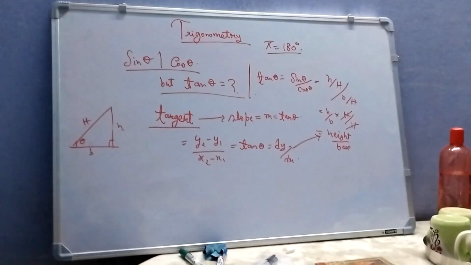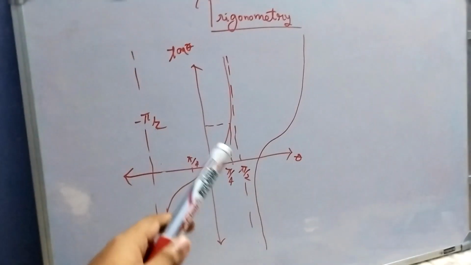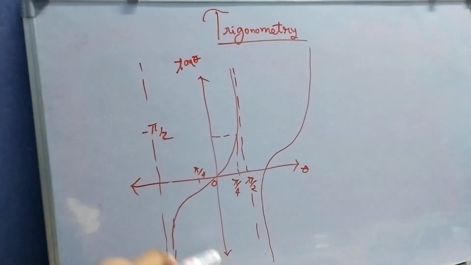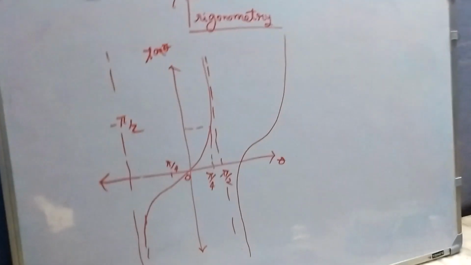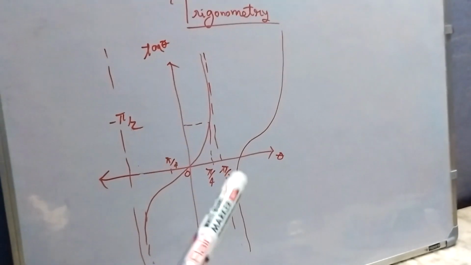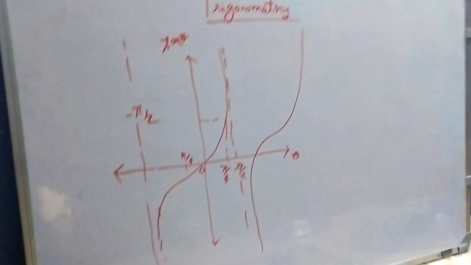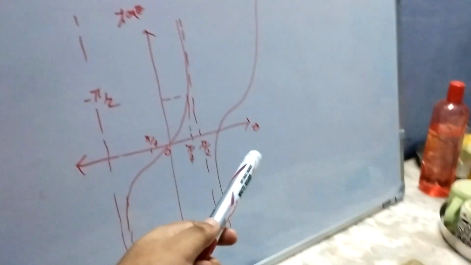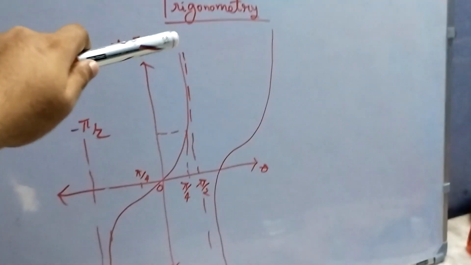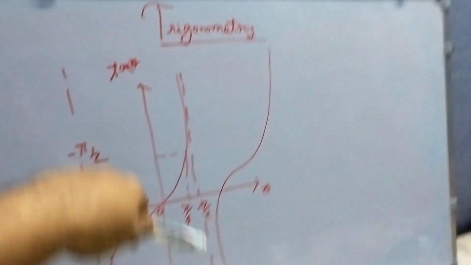Let's move forward. Well, so this is the graph of tan theta. I will be showing you the table where all the data is written. There you will see that tan theta is not defined at pi by 2 and minus pi by 2. So every time pi by 2 or 3 pi by 2 arrives, the graph of tan theta snaps at infinity and again starts from minus infinity to plus infinity.